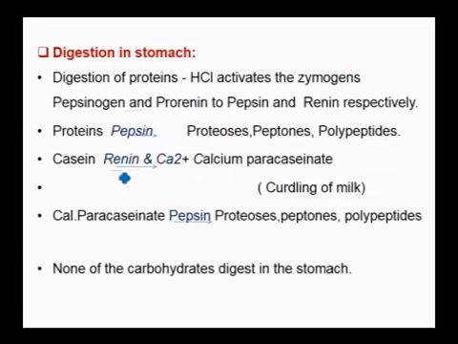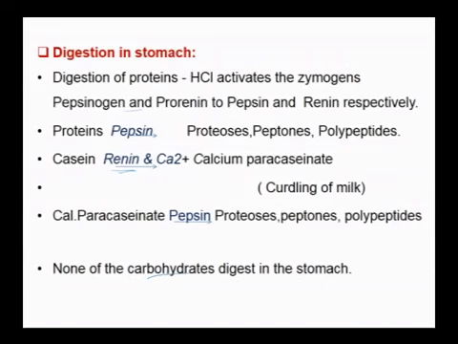Renin is very active in its functioning only in infants. It is neither acting in you nor in me. There are absolutely no carbohydrates in the stomach, so no carbohydrate digestion occurs. It is because the stomach has a highly acidic environment.